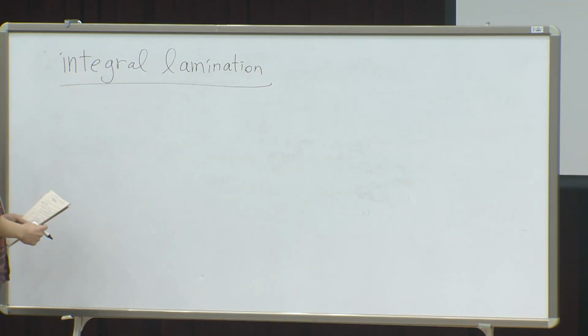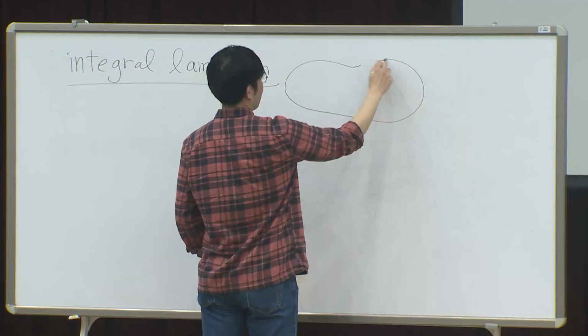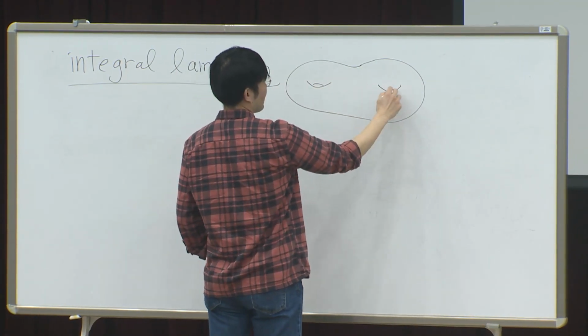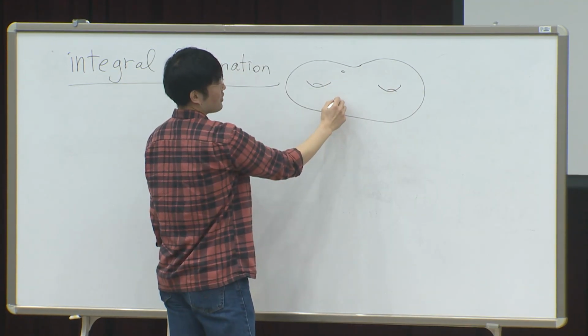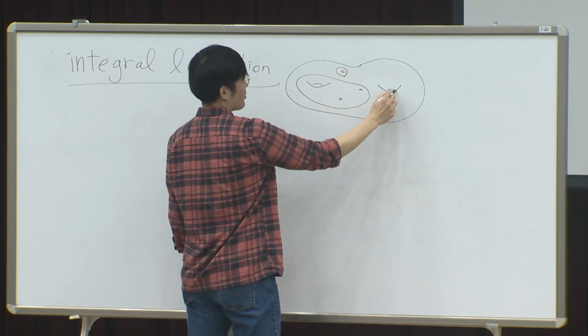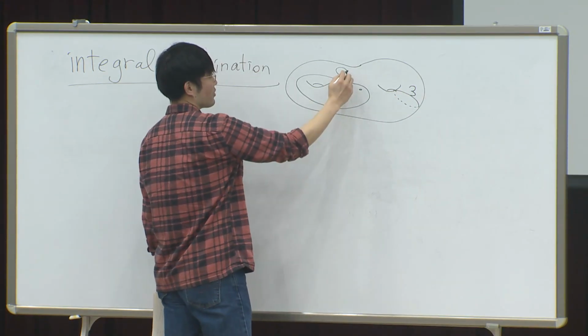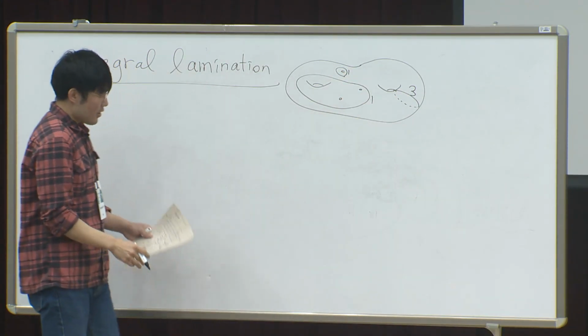So I'm not going to define it in words, I'm just going to give you a picture. So if I just take that picture, then I do the same thing, but I don't repeat the same loop, but just put a number. So something like this.